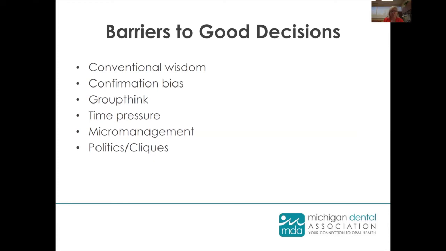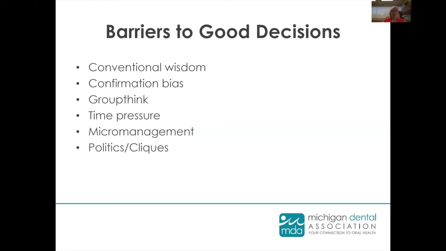Micromanagement is another common one, where you want to control every little part of it, or you feel that you must. And then finally, politics, cliques, friendships, things like that can have a way of, you always vote with so-and-so, so you're going to vote with him again. Or you usually agree with what's her name, therefore you'll go along with what she suggests.